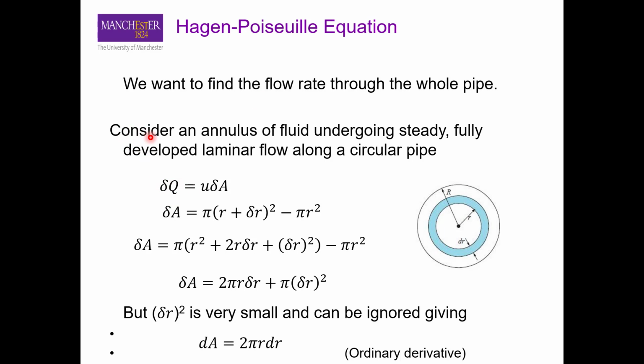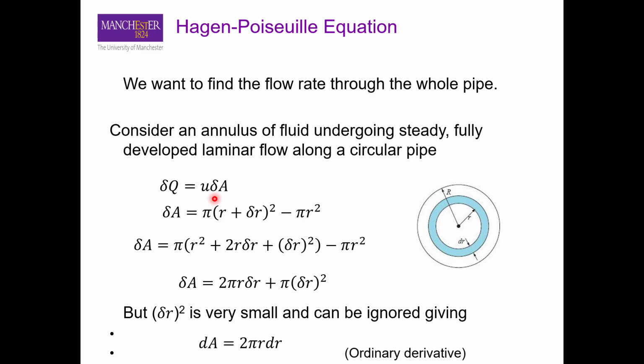Okay, so for example, let's look at now that you have an annulus of fluid. Again, we are assuming that this dark blue is the fluid, and this outer edge is the wall of the pipe, and the fluid has a radius r, and the differential radius, or the thickness of this element, is dr. So the flow rate of this differential element would be dq equal to u, that is the velocity, times area.